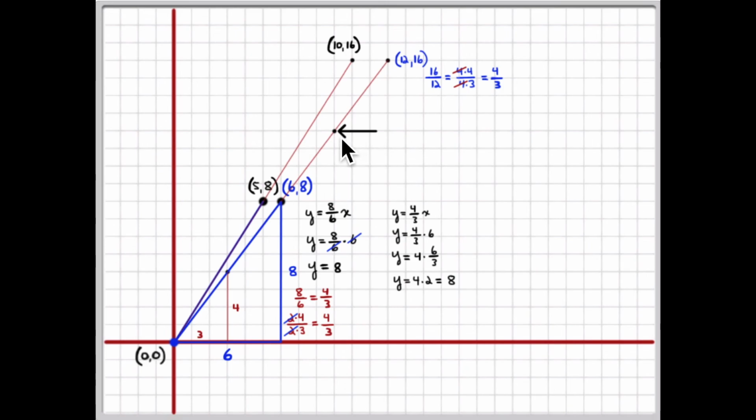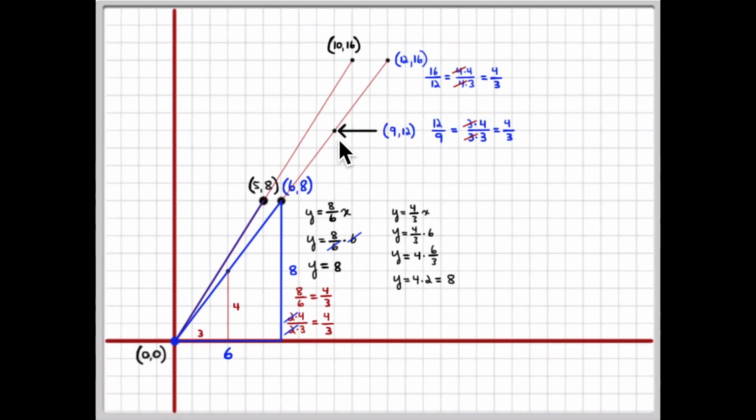So this point right here is going to be 12/9. So this length is 12/9 of 9. 12/9 of 9 is 12. 1, 2, 3, 4, 5, 6, 7, 8, 9, 10, 11, 12.